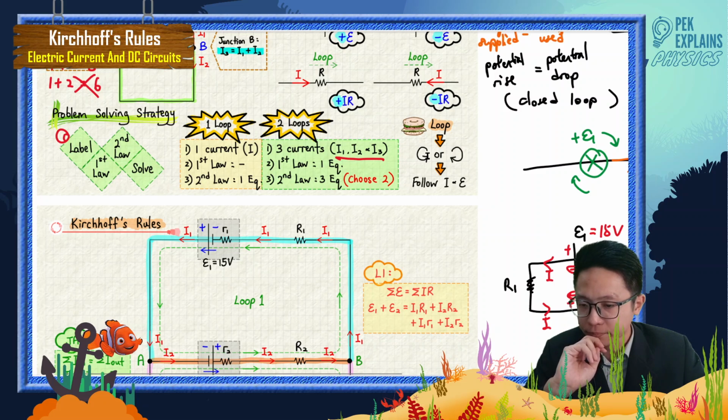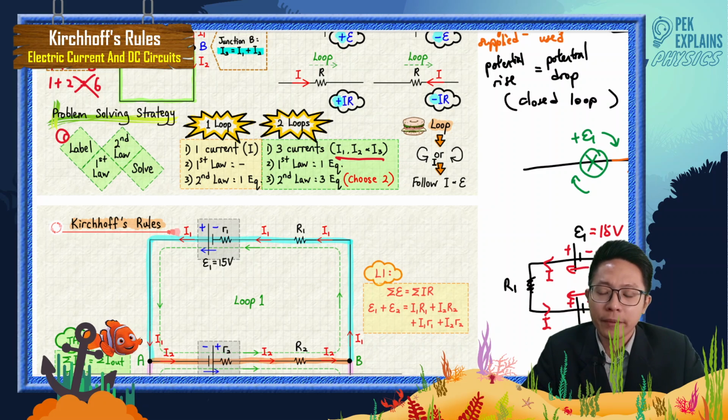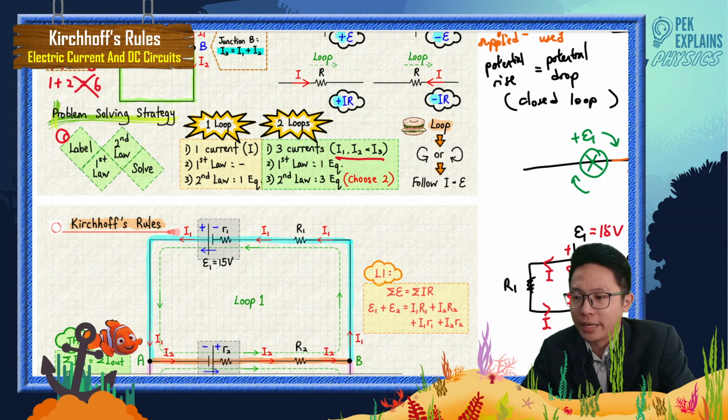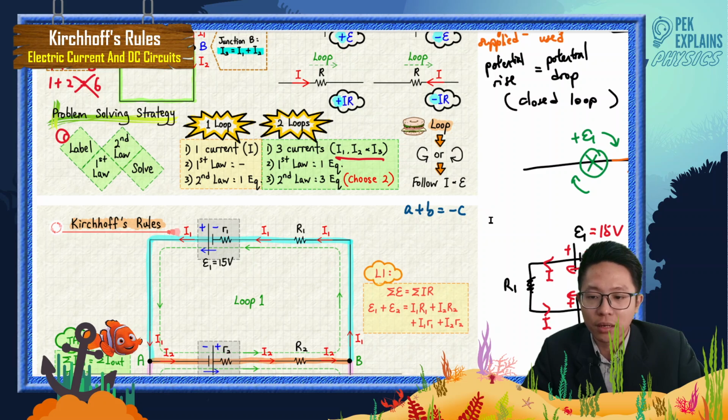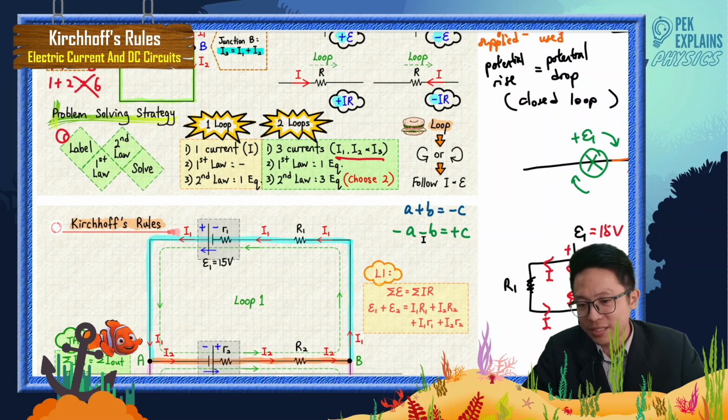Maybe I can explain briefly. If you choose anti-clockwise, maybe you get an equation like A plus B equal to minus C. But if you choose the clockwise direction, maybe you get another equation which is negative A negative B equal to positive C. These two equations are still the same, just opposite sign.